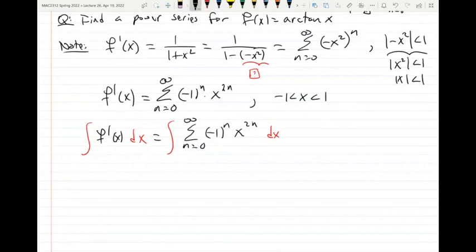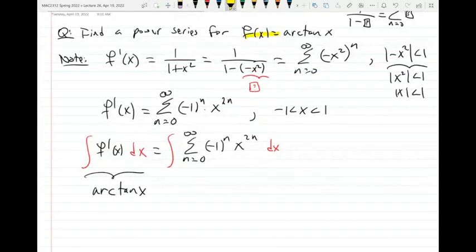Now, on the left-hand side, what do we get? What's the integral of f prime? f of x, which is arctangent, right? So we get arctangent. Remember, f of x equals arctangent, okay?